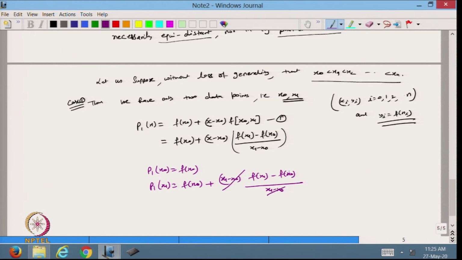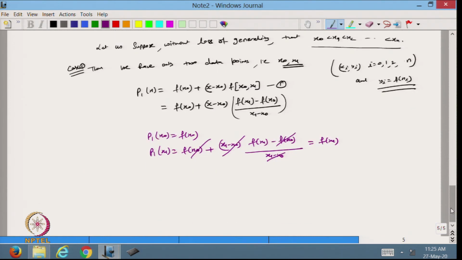So, this will cancel out, and that will be f(x1). So, based on this, p(x0) is f(x0), p(x1) is f(x1), so it is the interpolating polynomial passing through these 2 points. So, this is a linear interpolating polynomial p1(x).